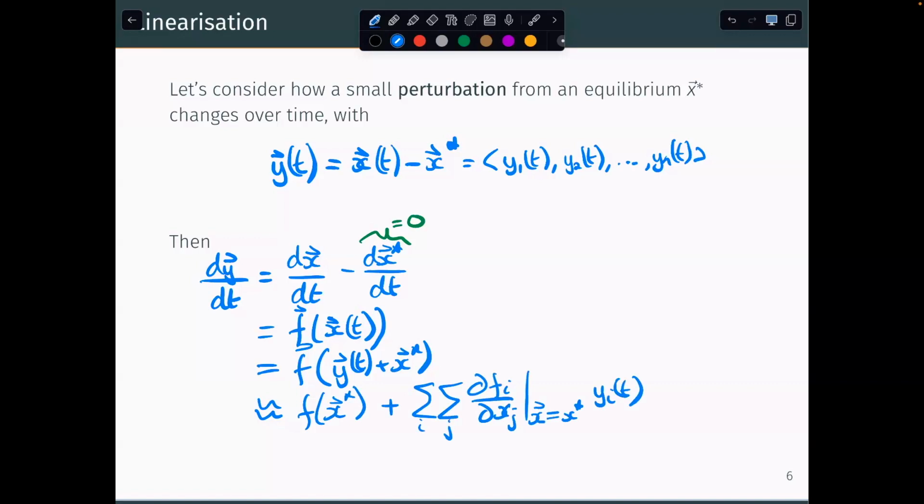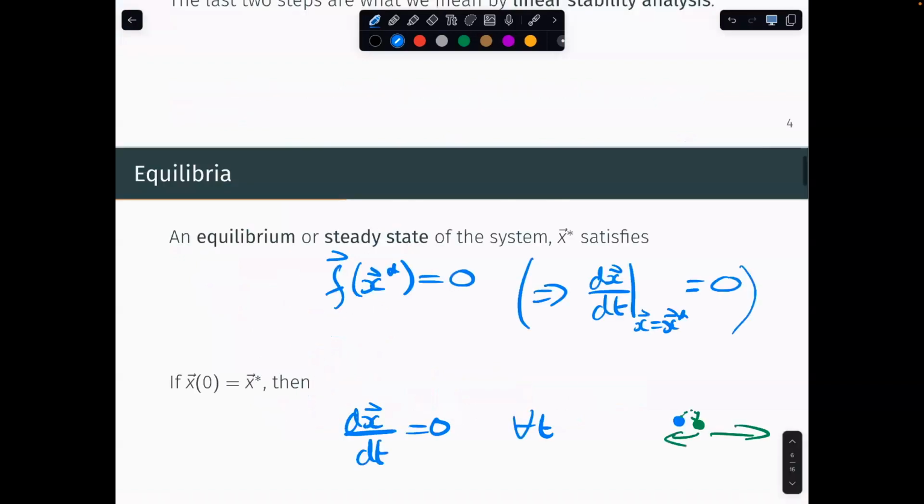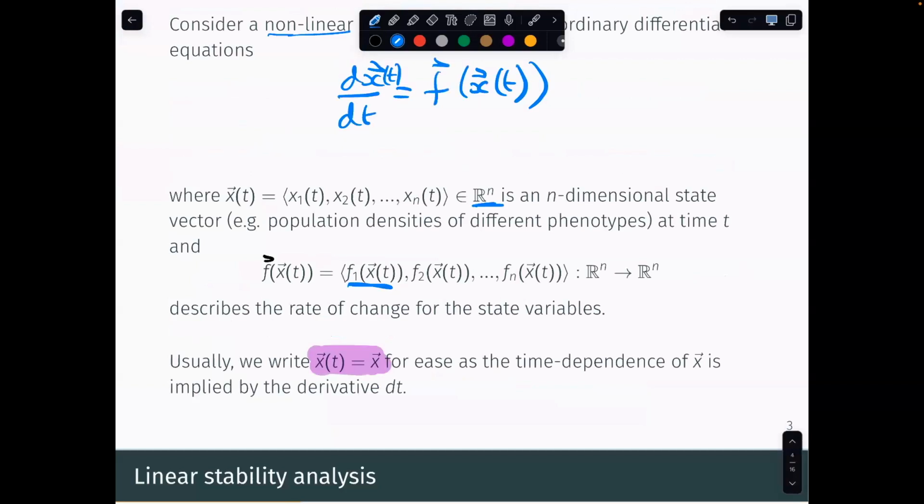Here we said this system was n-dimensional. i is 1 to n, j is 1 to n, every possible combination of our partial derivatives of our function f. So this f sub i, if you remember, just go back to the first slide, these are just these individual components telling you the rate of change for state variable i.